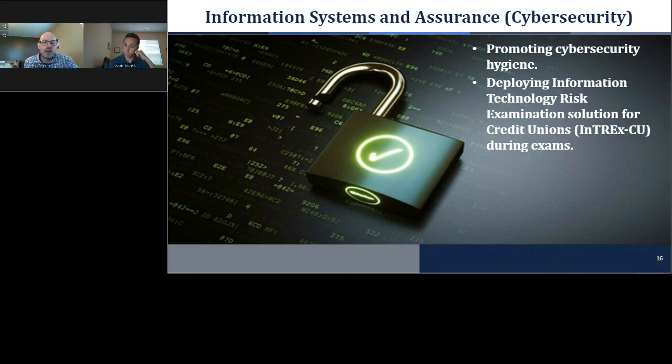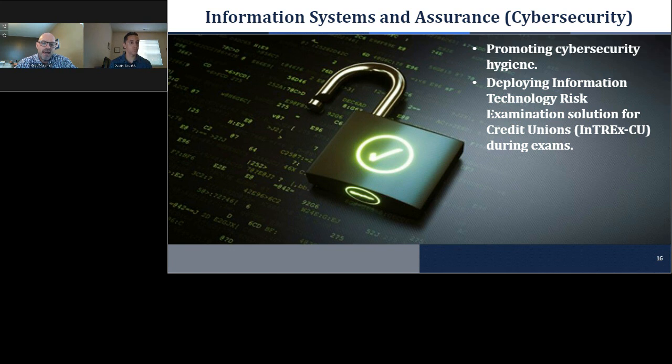Last year, we were using and talked about a tool called the ASET, and that stood for the Automated Cybersecurity Evaluation Toolbox, and that was being used in exams. And now we've moved to piloting a different type of review system, called INTREX, and that stands for Information Technology Risk Examination for Credit Unions.